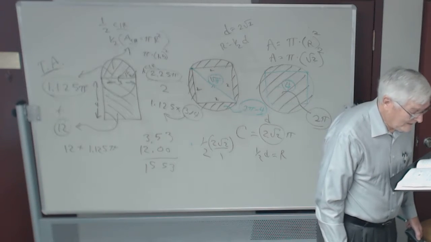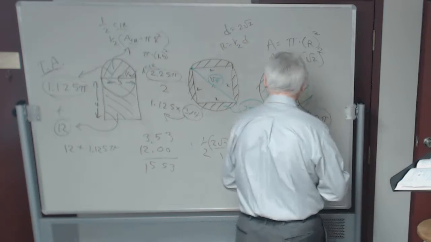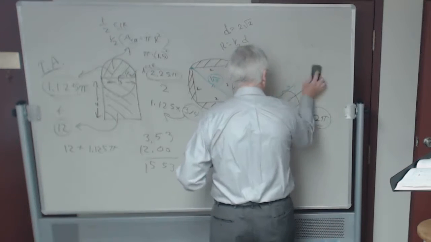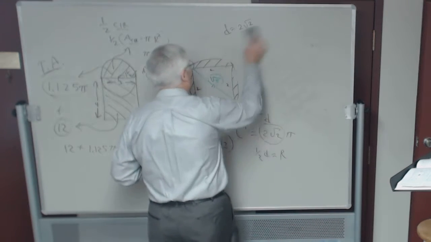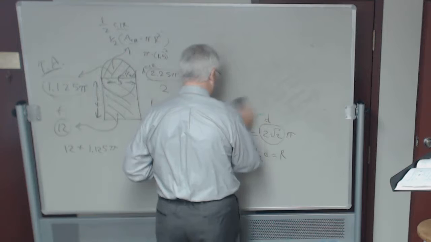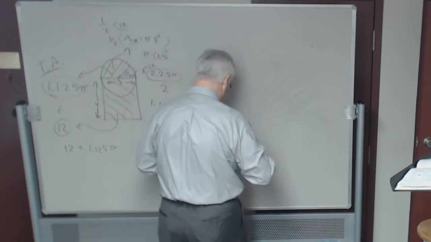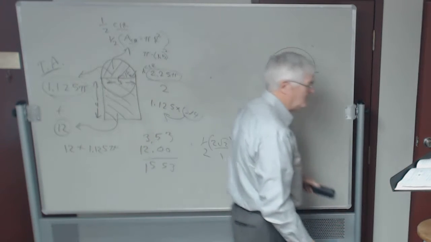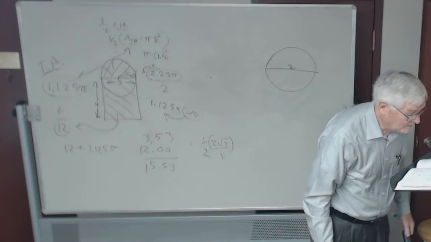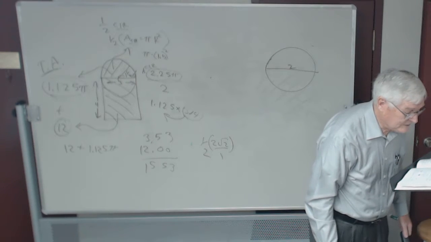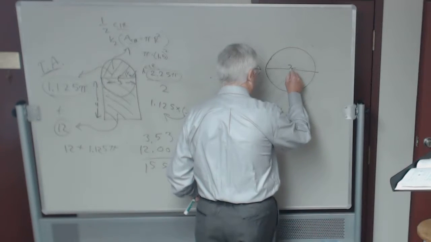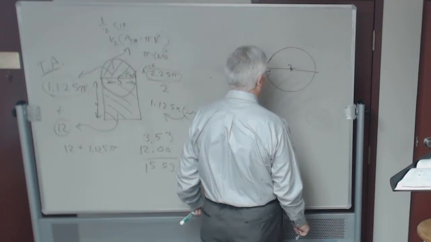A circle of diameter 2. All right. So now I'm back drawing circles again. A circle with a diameter of 2, number 15, has its center at the center of a square of side 2.